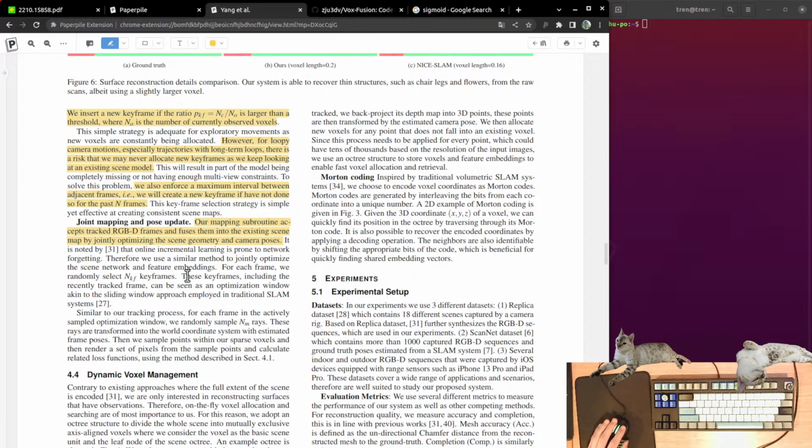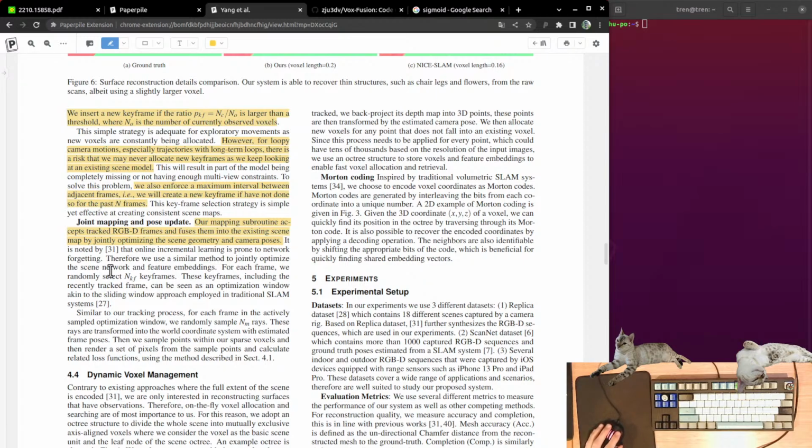So what they're saying here is that in order to prevent this forgetting, which in this case basically means that the NeRF is good at representing earlier parts of the scene versus later parts of the scene, earlier and later being in time, so keyframes from the beginning of your session and keyframes from the end of your session.